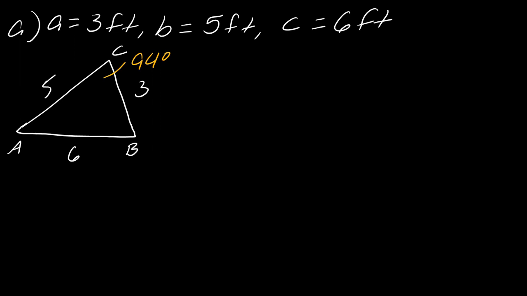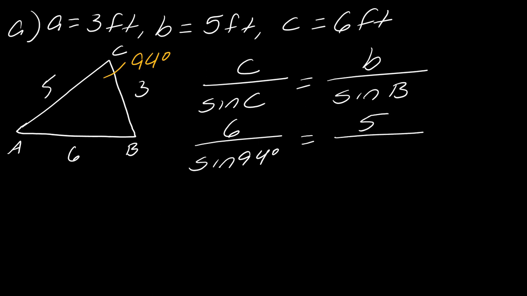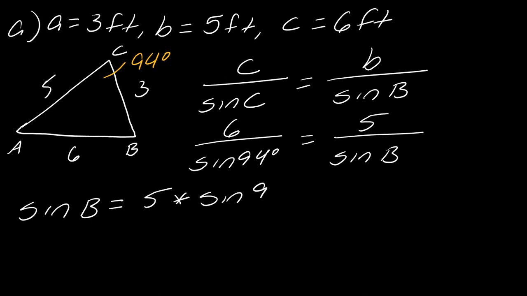So let me use that C over sine of C will equal B over sine of B. I can just plug everything in now. So this is 6 over sine of 94 degrees equals 5 over sine of B. So now sine of B equals 5 times sine of 94 degrees over 6.